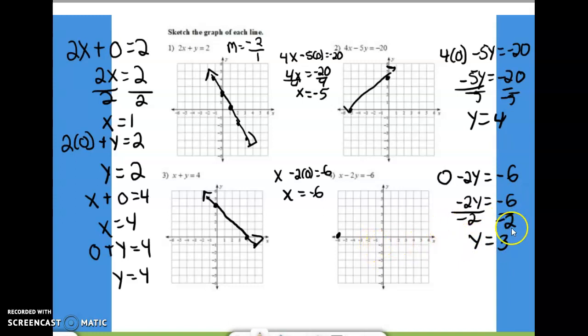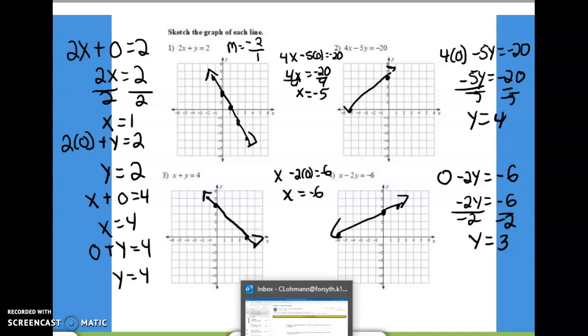Again, that's a negative over negative. That's why it's positive. 1, 2, 3. There I go. What kind of slope, guys? Positive. Let's find the slope. Up 3, over 6. 3 over 6 would actually be what? A half. So that would be up 1 over 2, if you wanted to continue.